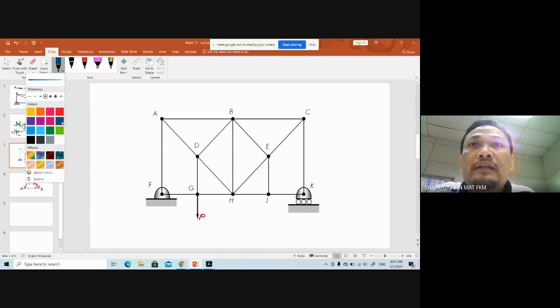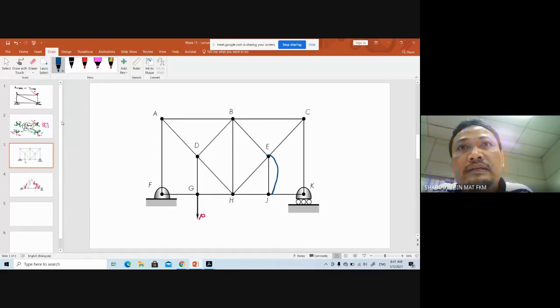Look at the point. That point. So EJ is 0. No force there. So you look at that point E. Point E, you have 3 structures.